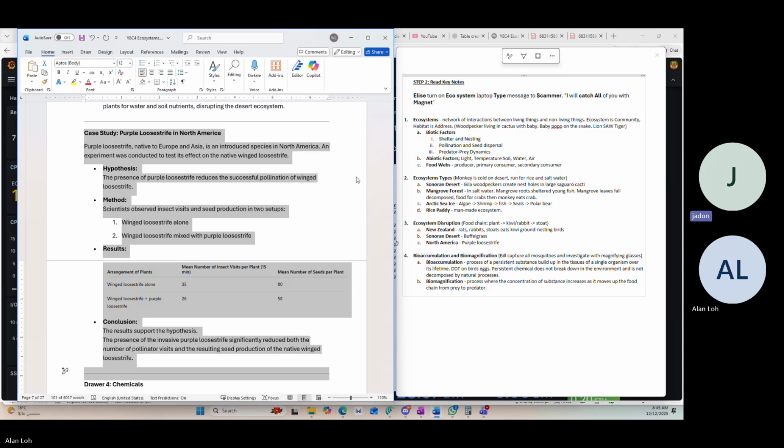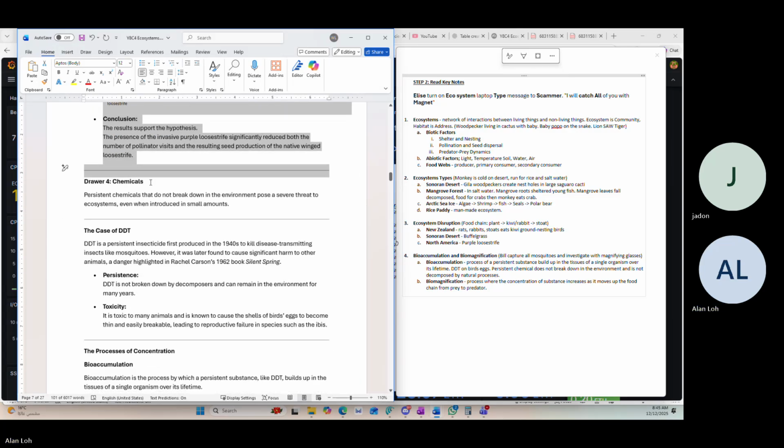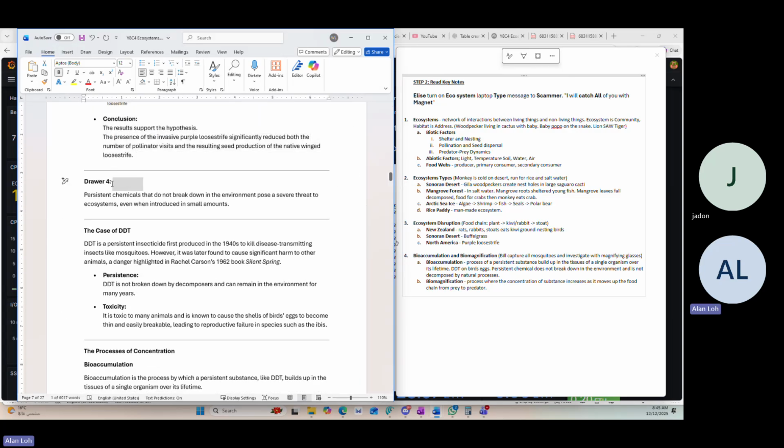I'm done reading. Okay, so now we are in drawer number 4. Can you tell me what's the name of drawer number 4?